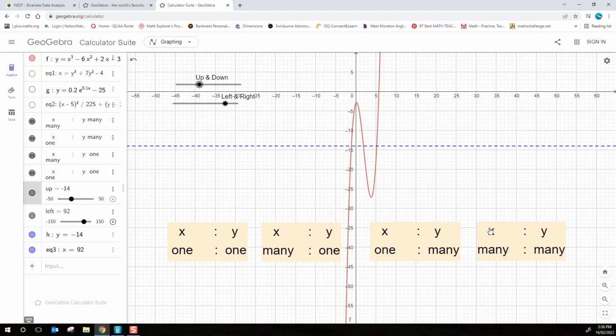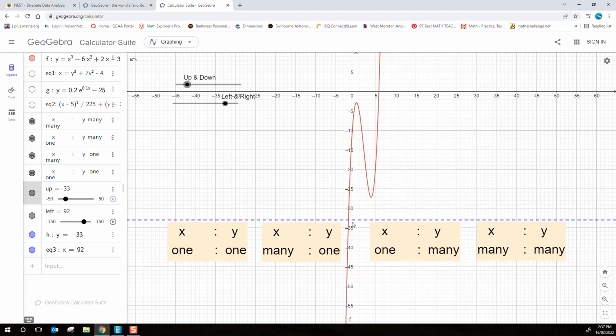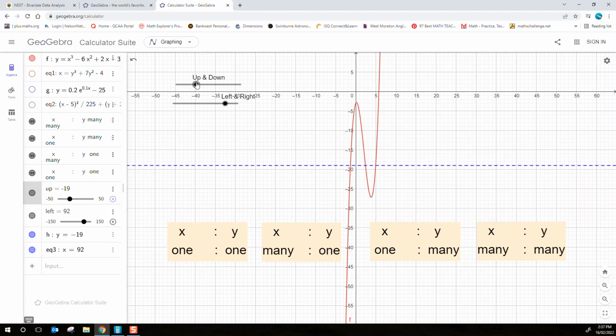So we've immediately knocked two of the possibilities out because we have a horizontal line intersecting many times. Down there, the horizontal line intersects once, but it's if there exists a horizontal line that intersects many times. So definitely that does exist when I consider, for example, that one. So we'll put that horizontal line out of the way.